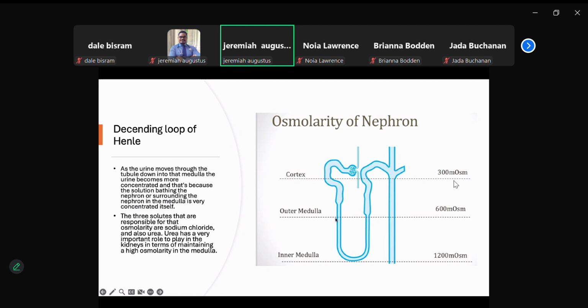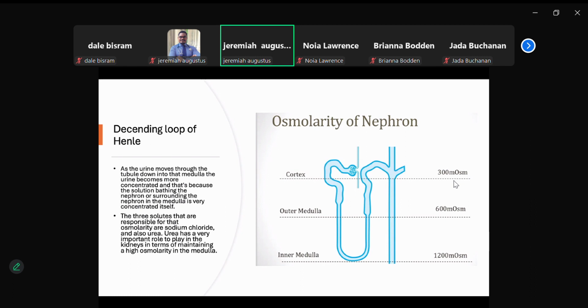The loop of Henle starts here, after we pass the proximal convoluted tubule. Water is going to move to the place where you have a higher osmolality, because osmolality is the amount of solutes, right? So water is going to move in the direction of the higher osmolality. It's going to move into the interstitium from the urine.